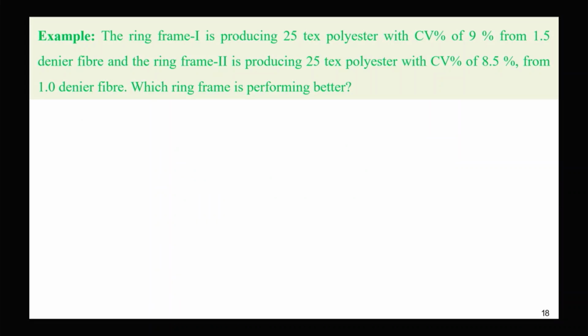Next, here we are trying to compare the performance of two ring frames. Ring frame 1 is producing 25 tex polyester yarn with a CV% of 9%. First let us see ring frame 1, and then ring frame 2.